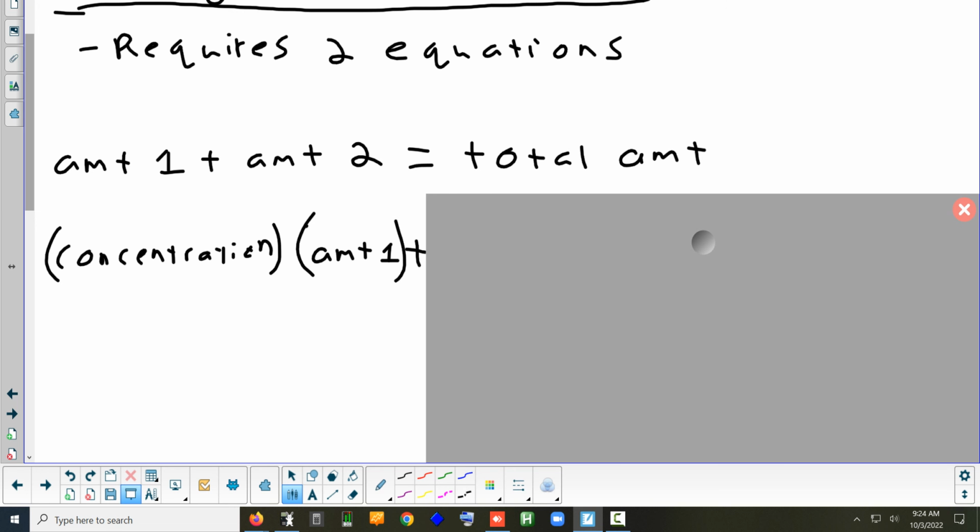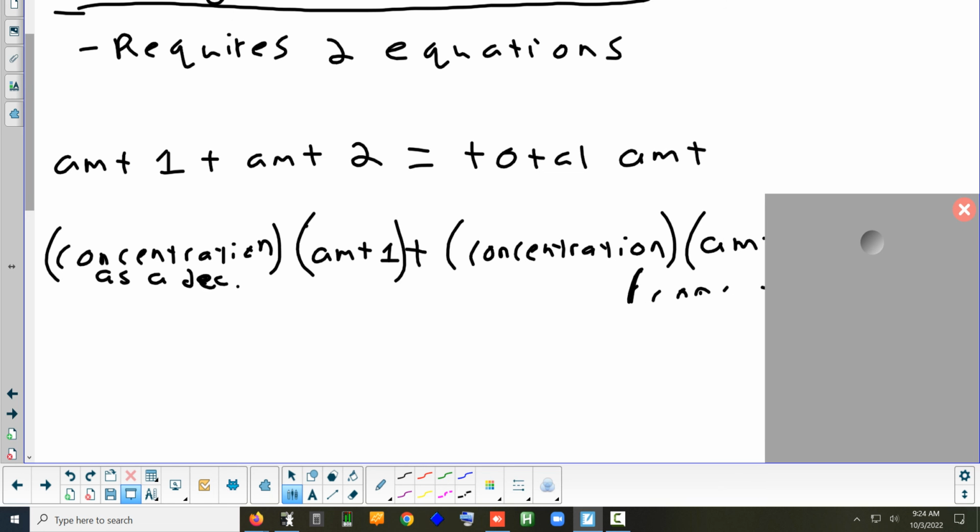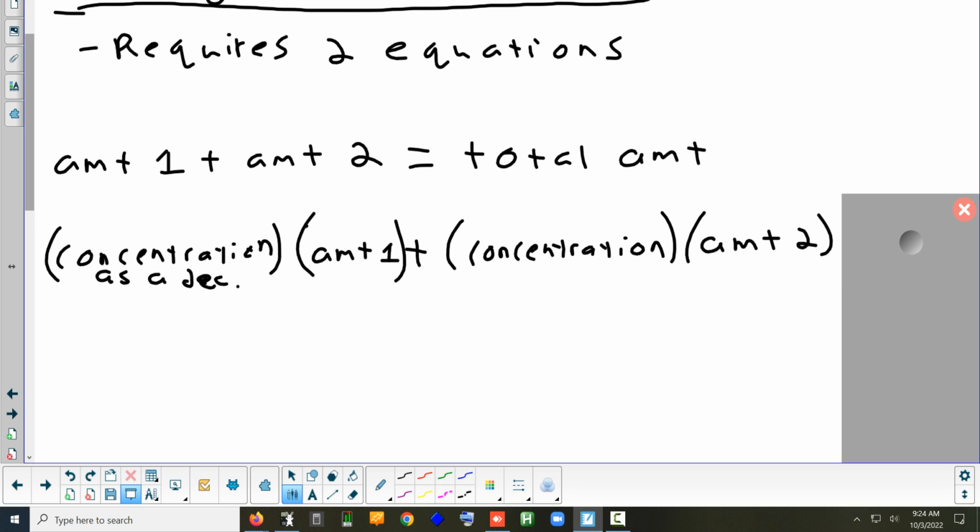And the second equation is going to be 3 pairs of things, all the same pattern. Concentration as a decimal, that's important. Concentration as a decimal times the first amount. The second one is concentration as a decimal times the second amount.